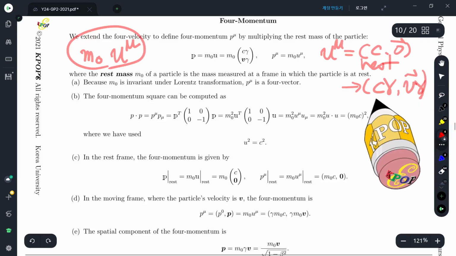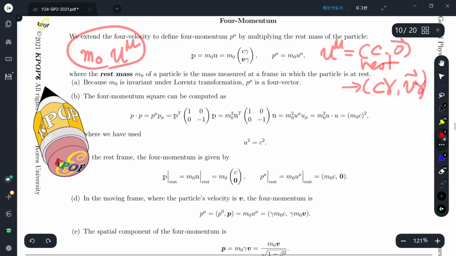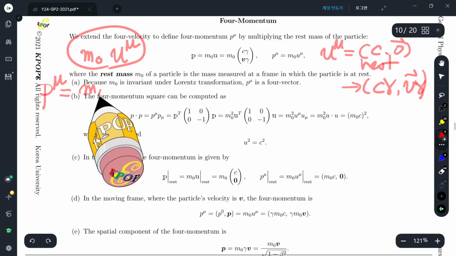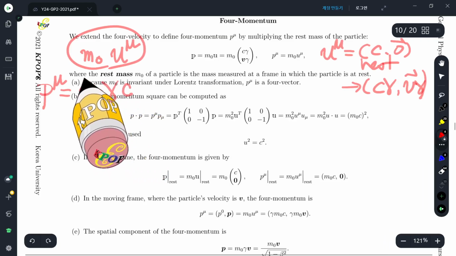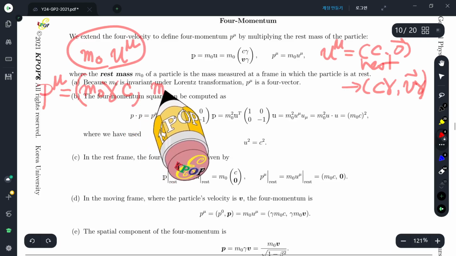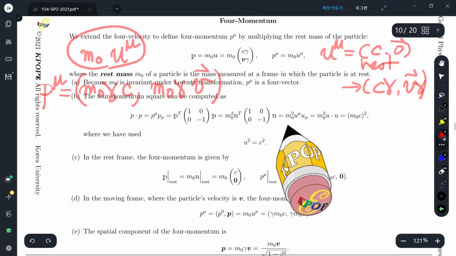If I multiply m0 to the four velocity, what I get is m0 gamma c as the time component and m0 gamma v as the spatial component.